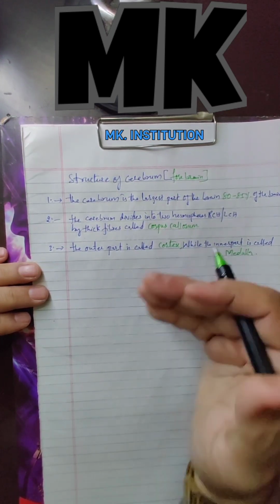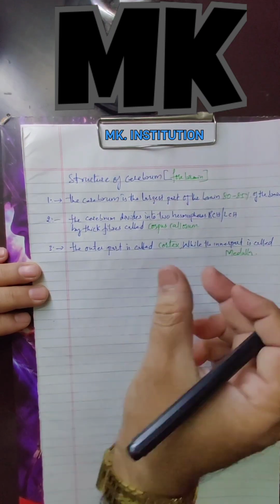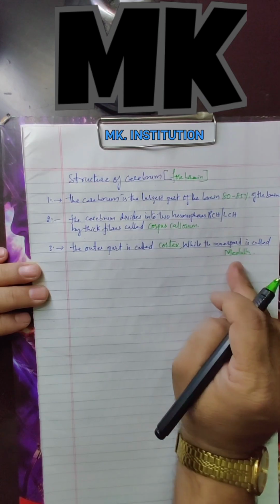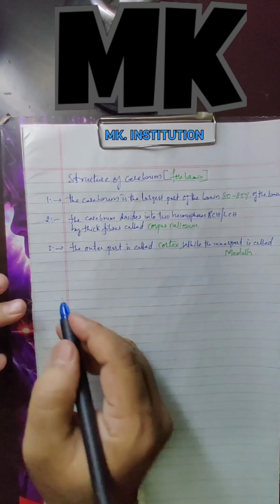These are the two parts. Outer portion of the cerebrum is called cortex, otherwise you can say cerebral cortex. Then inside is called as the cerebral medulla, or simply medulla you can tell here. Clear? These are the two parts here.